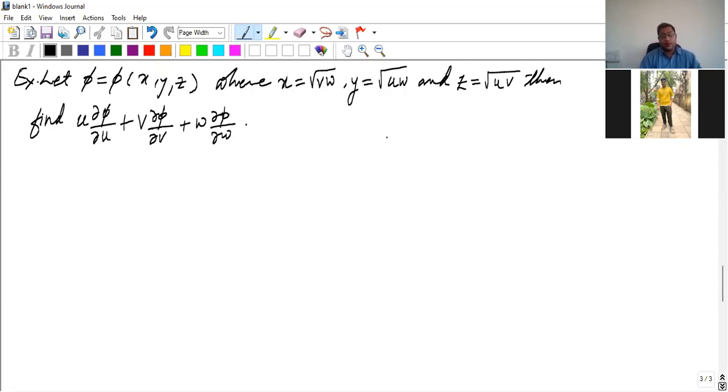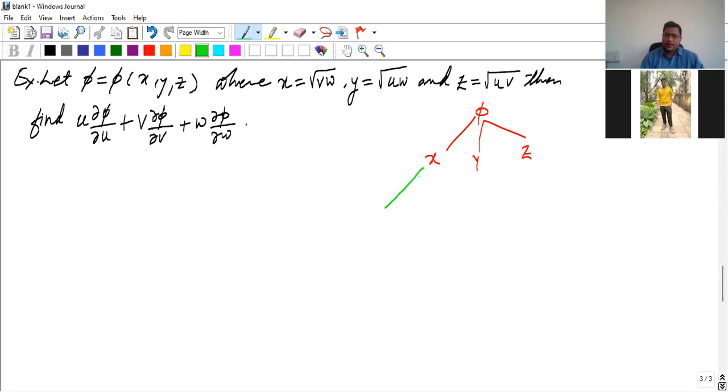Now, as you can see, phi is a function of x, y, z; x is a function of v and w, y is a function of u and w, and z is a function of u and v. If we put these values here, phi will become a function of u, v, and w. So let us understand the variable tree. We have phi, which is a function of x, y, and z.